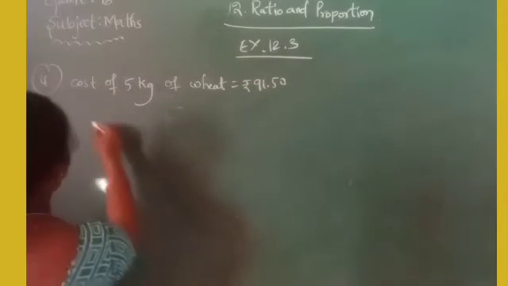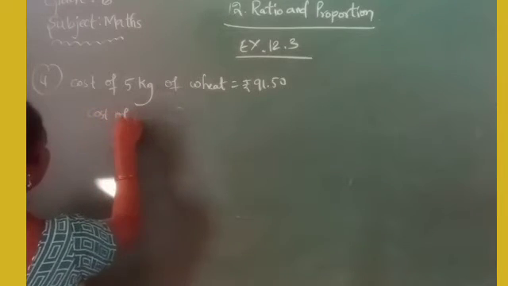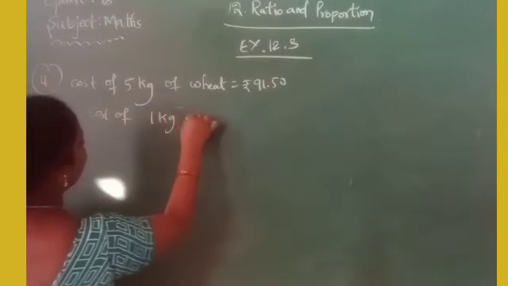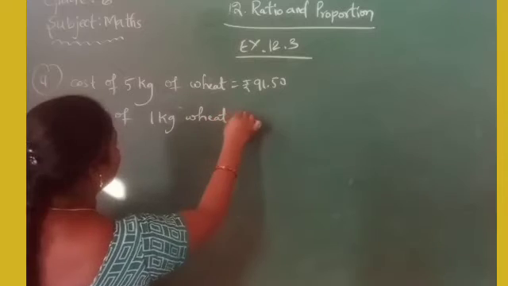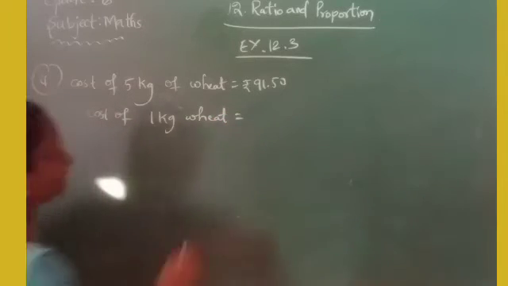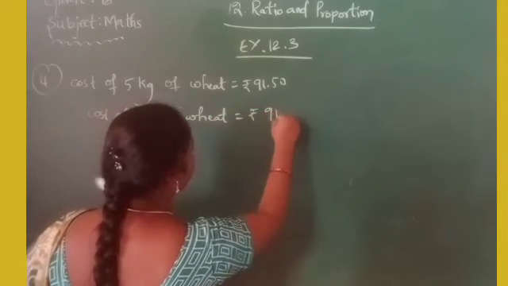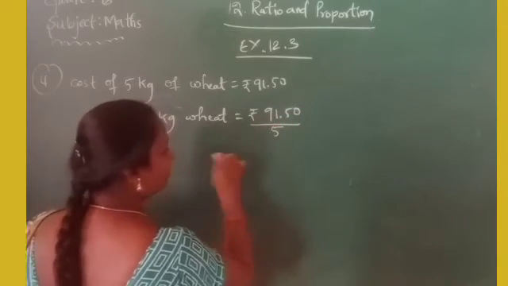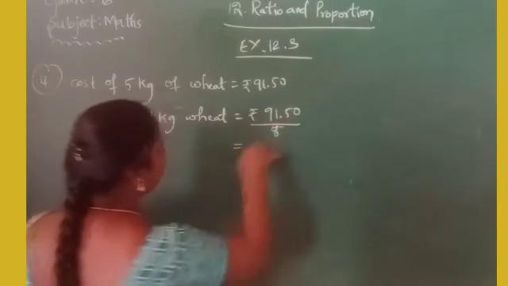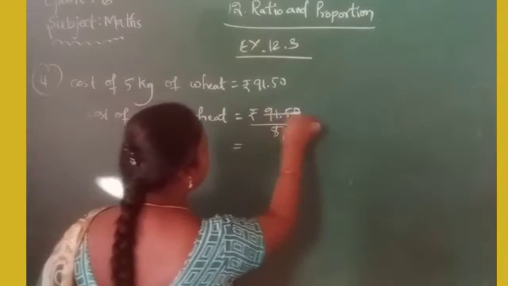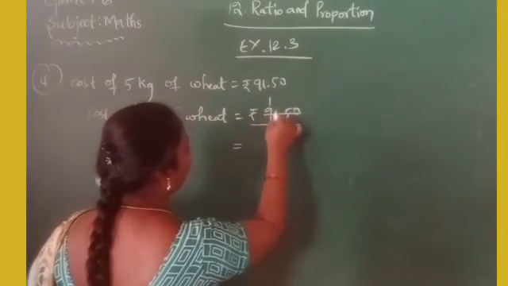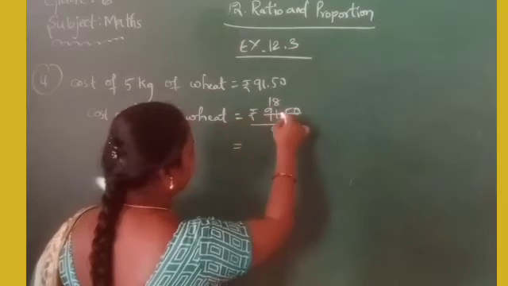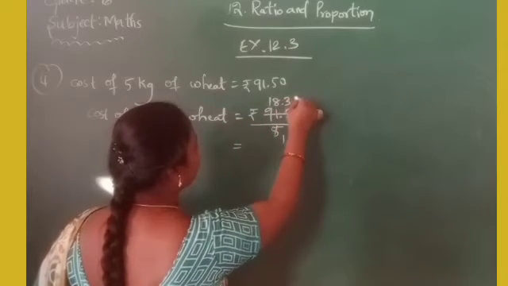Okay, so now what is the cost of 1 kilogram of wheat? That is 91.50 by 5. Now simplify: 5 ones are 5, 5 8s are 40, so again 3 is there, 0.